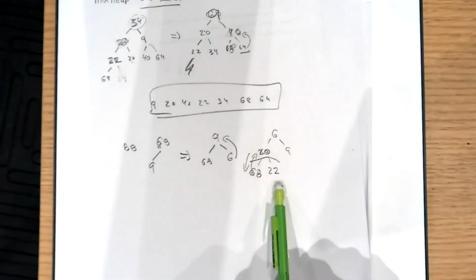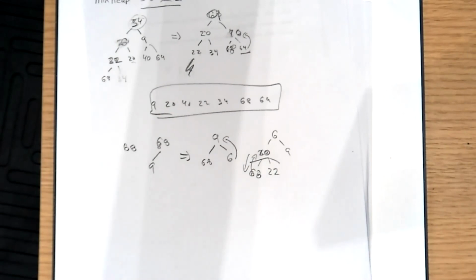So this is a valid minimum heap. And I'm going to show you in the find kth smallest problem, that I put in the wrong folder, that all you need to do is perform this heapification. And when you do that, that will allow you to get this solution faster.